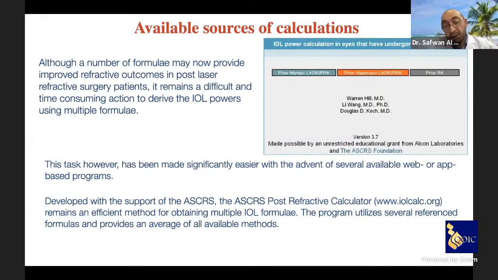The ASCRS post-refractive calculator, that's the website of it, remains an efficient method for obtaining multiple IOL formulas. The program utilizes several references and formulas, and provides an average of all available methods.